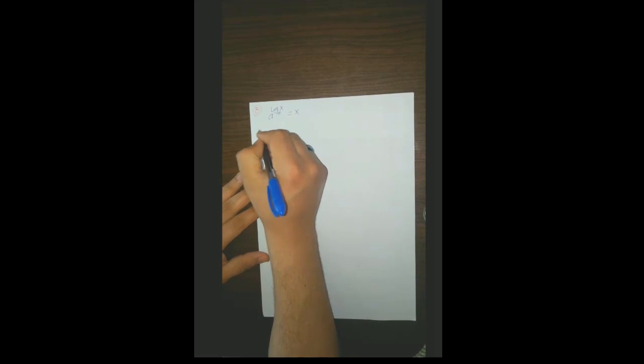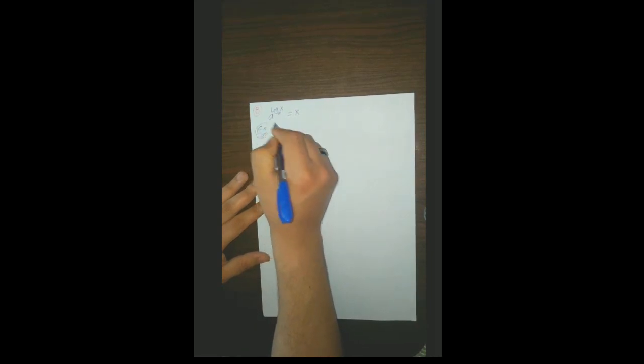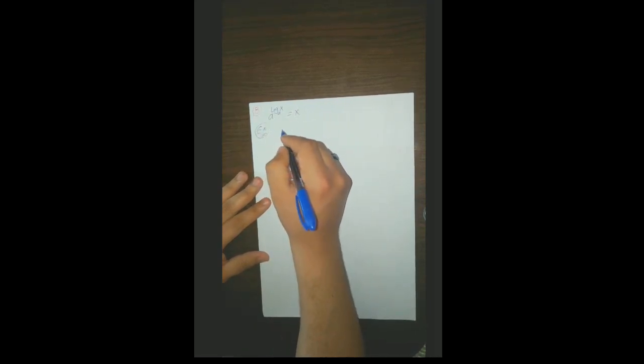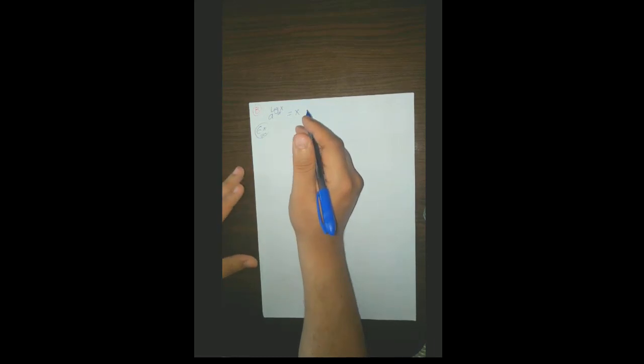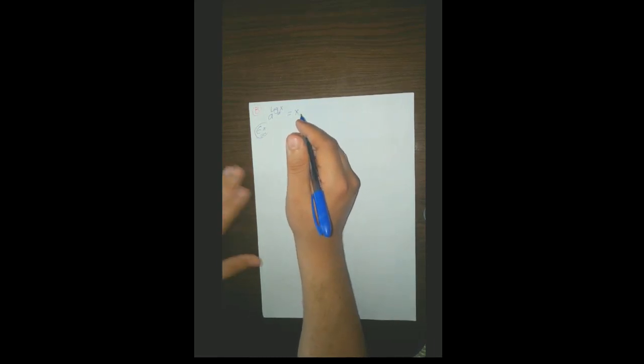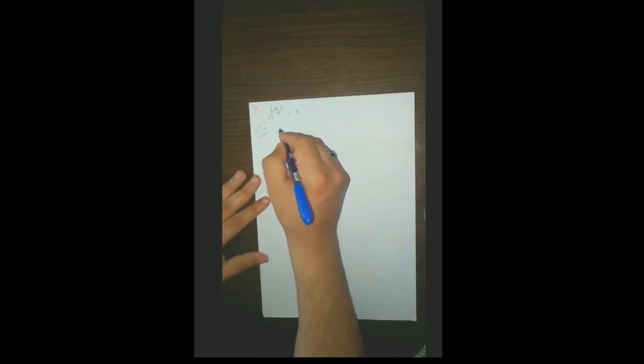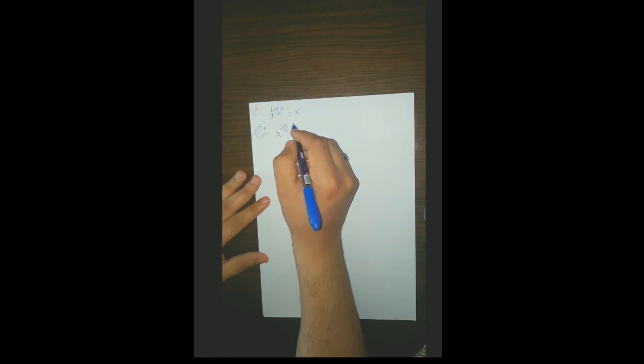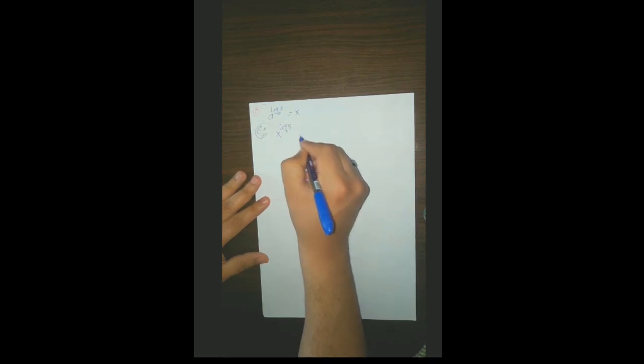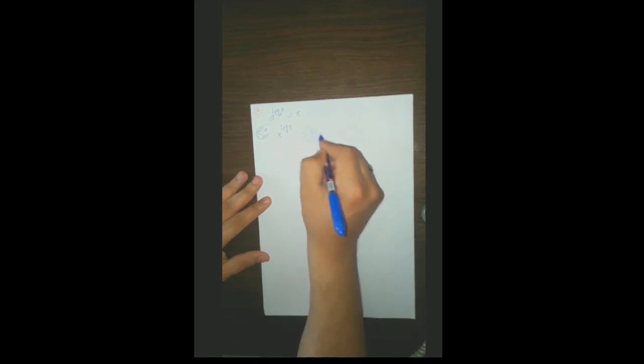For example, if x belongs to the positive numbers different from 1, find x to the power log base x of 5. Then this is equal to, in the simplest form, 5, without making any computations.